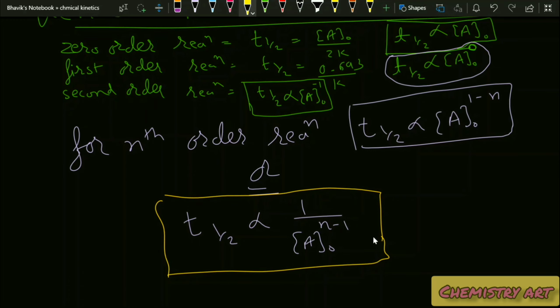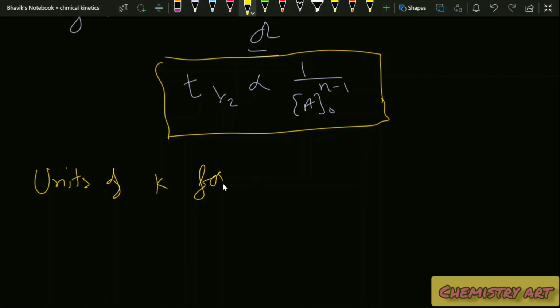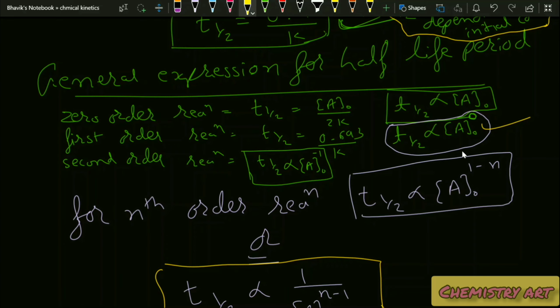And lastly, let's see what the unit of K is for the first order reaction. As we have already discussed, T1/2 is not dependent on the concentration of A because the power is 0 here.